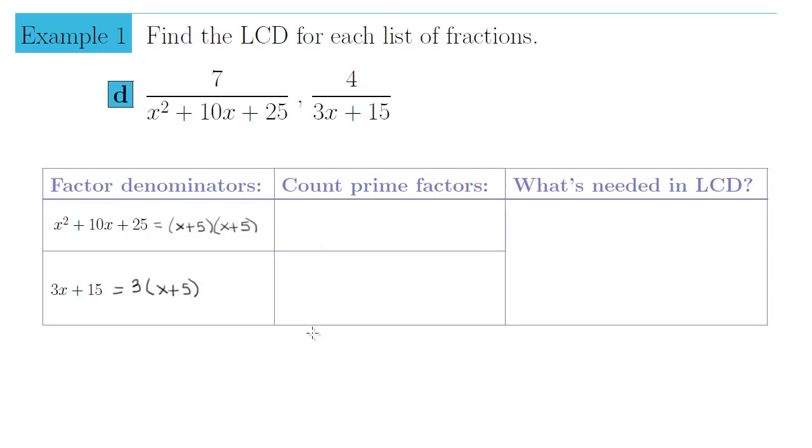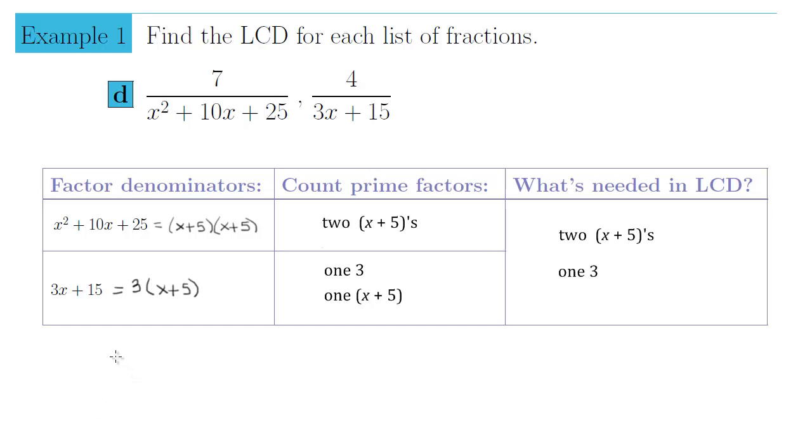Now we move on and count the prime factors. In the first factorization, there are two x plus 5s. And in the second factorization, there's one 3 and one x plus 5. So what's needed in our LCD? Well, as far as x plus 5s go, the greatest number of times it occurs in any one factorization is 2. So we need two x plus 5s in our LCD. And the greatest number of times 3 occurs is once, so we need one 3 in our LCD.